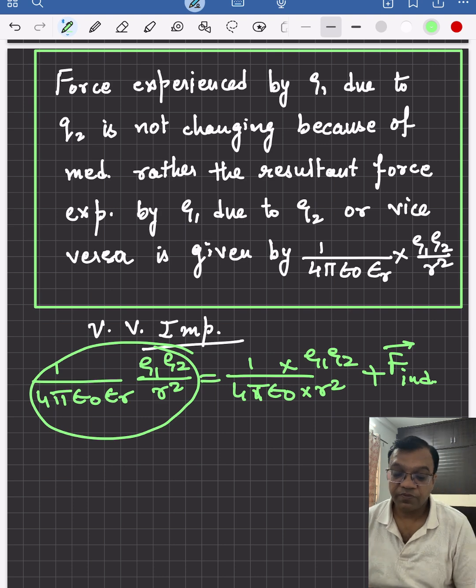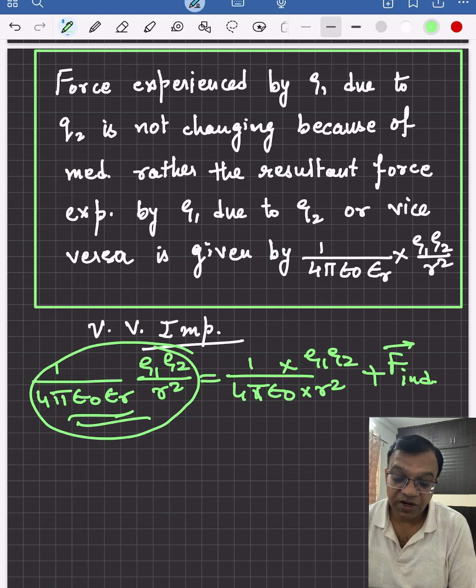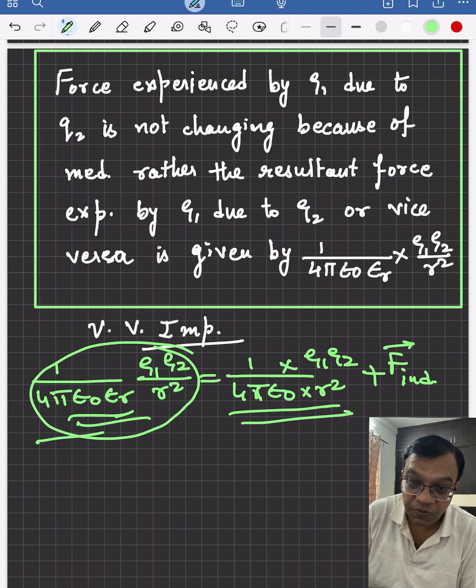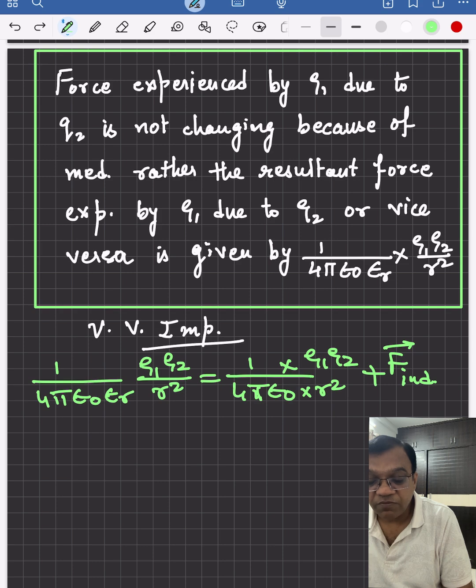This term we say, with some misconception, is equal to the force experienced by 1 due to 2, but actually this is the total force experienced by 1 due to 2 in the presence of the medium.